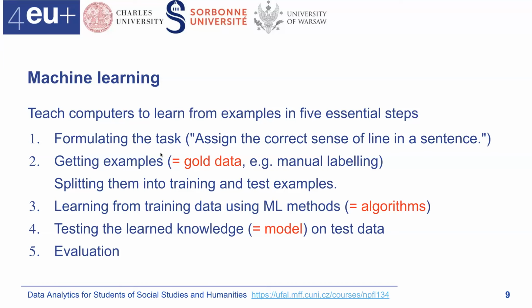And the very last step is the evaluation, to measure the number of errors or the number of correctly classified line occurrences. So, 5 essential steps of the machine learning approach.